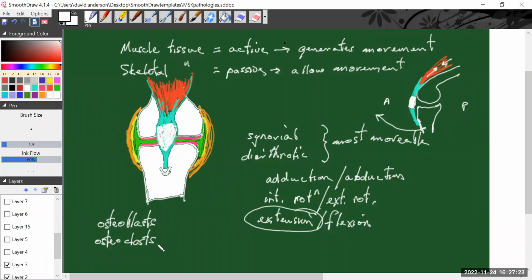Muscle tissue, like I mentioned, is active. And in order for it to be active, it needs two big things. Anybody remember what we need for contraction to occur? What two big factors are required for muscle contraction to occur?